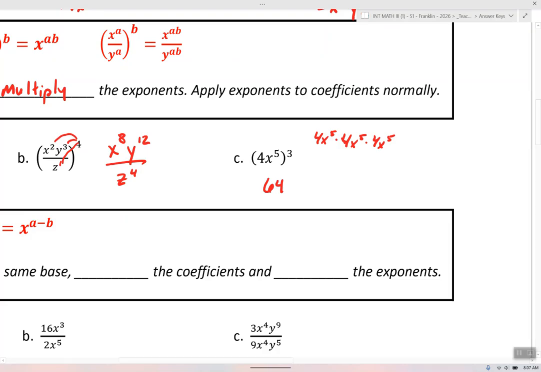It's 16 times 4. And then x to the 5th to the 3rd, 3 times 5 is x to the 15th. So 64x to the 15th. So apply the exponent normally to the coefficient, 4 times 4 times 4. But then you can just multiply 5 times 3 because that is just 5 plus 5 plus 5.